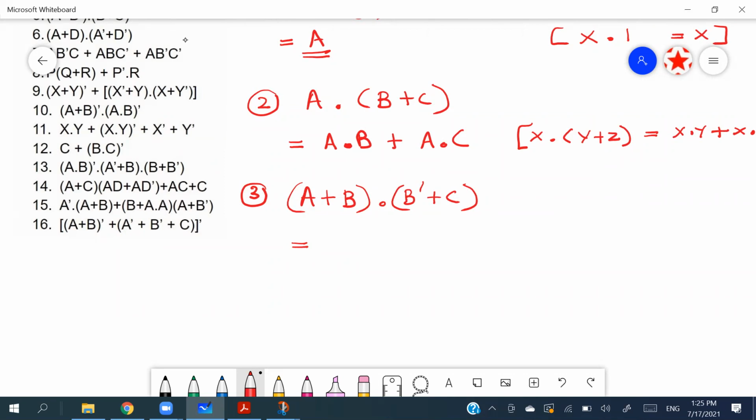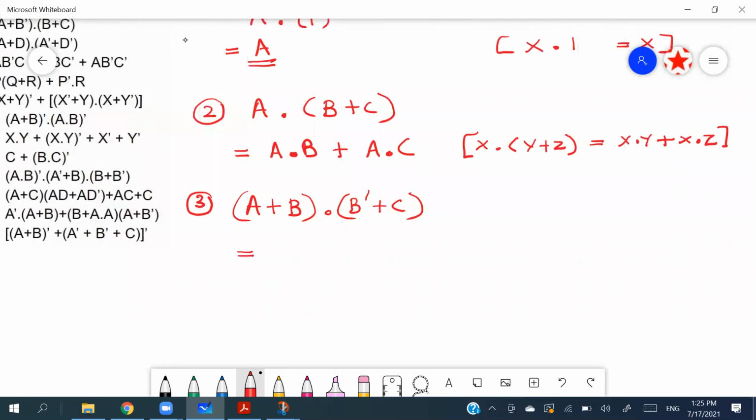So we are applying the distributive law, since we do not have common terms to be taken out. Common terms can be taken only from the places where the dots divide, right? So from A, I'm going to multiply these two.